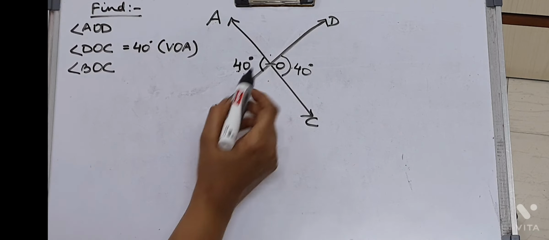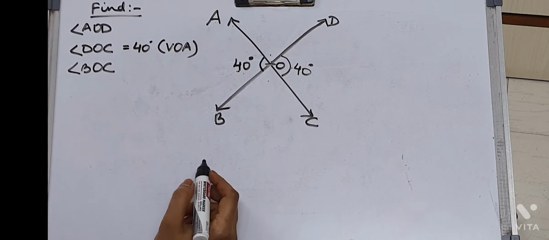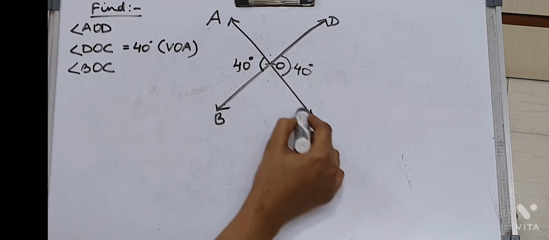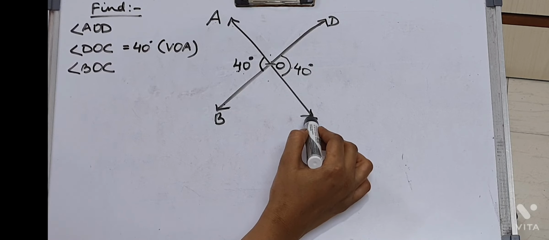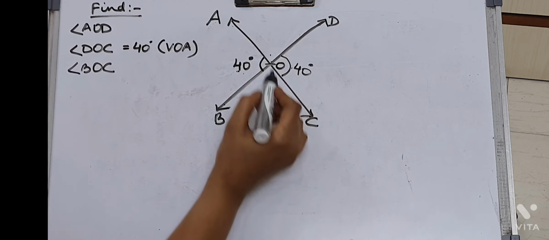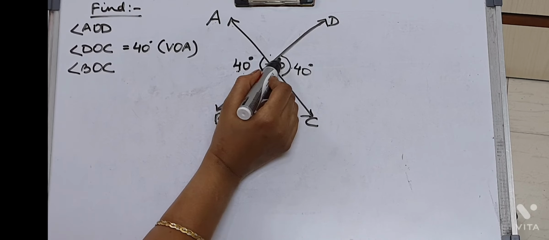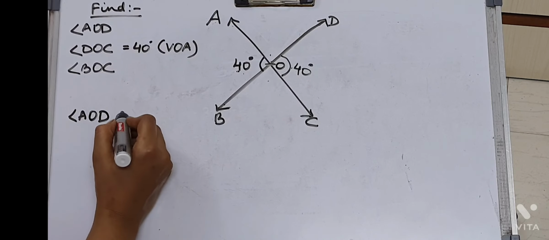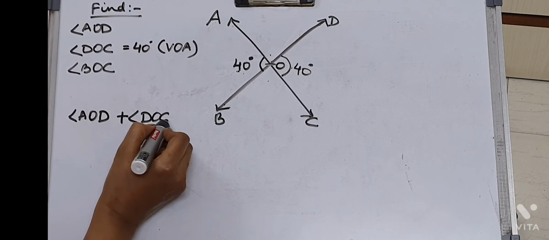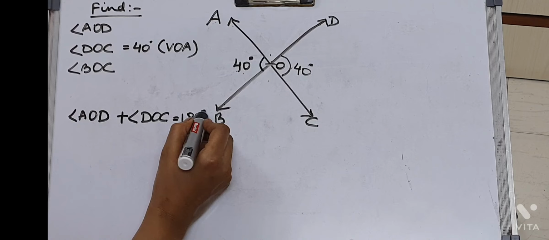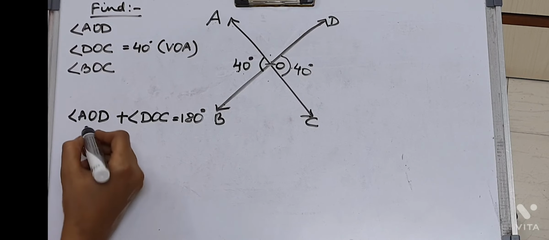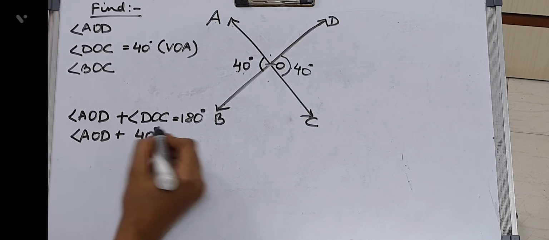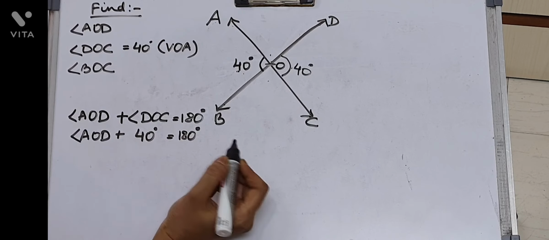Then next comes AOD. How we are going to find AOD is, this is also a straight line and this is also a straight line. So we can take any of the straight lines as a baseline and take the pair of adjacent angles. That is angle AOD plus angle DOC is what? 180 degrees. So angle AOD, which we have to find, plus DOC, which is 40 degrees, is equal to 180 degrees.